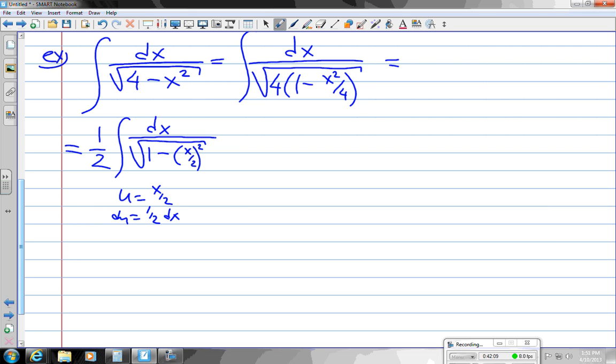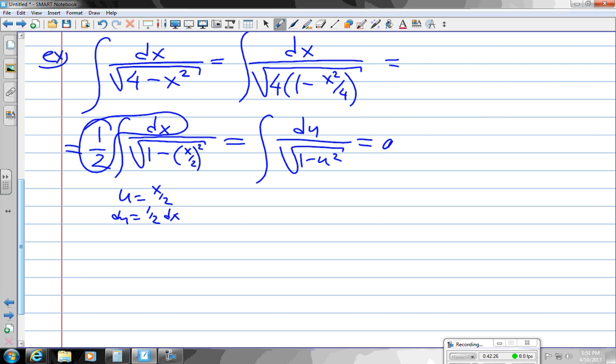Well, here's my 1/2 dx. So that's du. Then it becomes a perfect setup: du over the square root of 1 minus u squared, which gives me arc sine of u. So that's arc sine of x over 2 plus a constant.